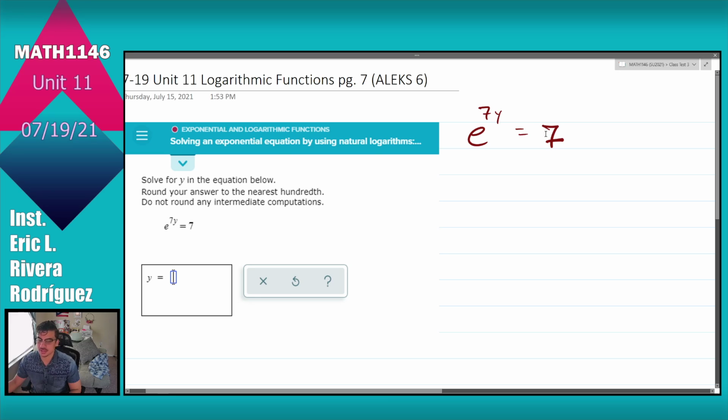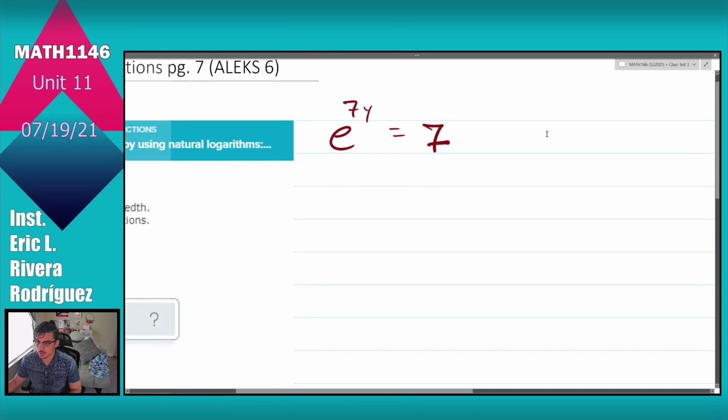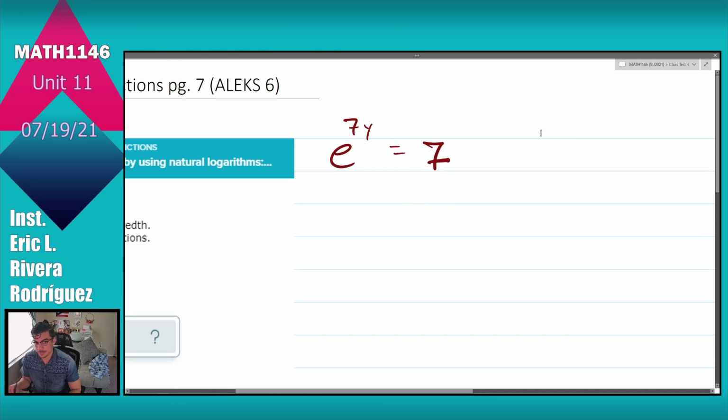In this exercise, we go backward. So now the variable is in the exponent.